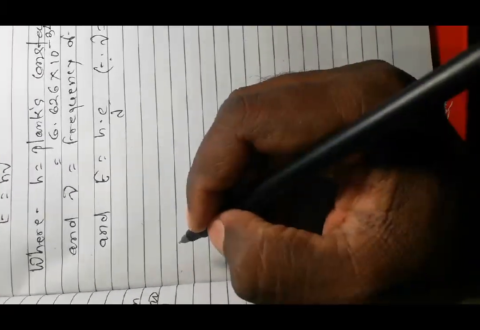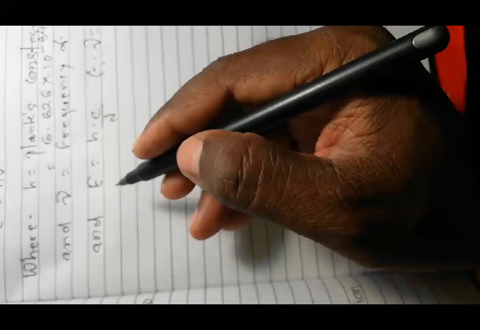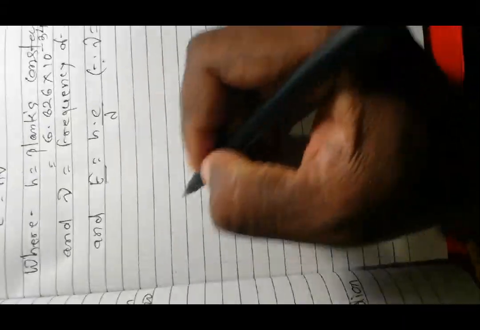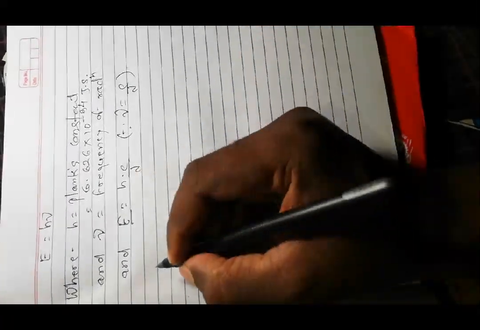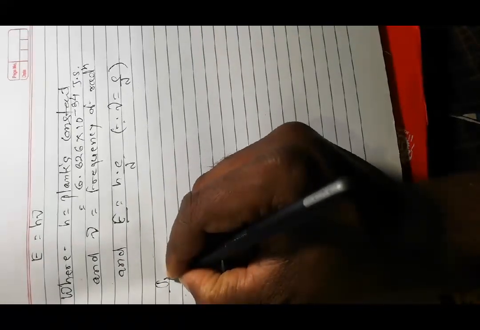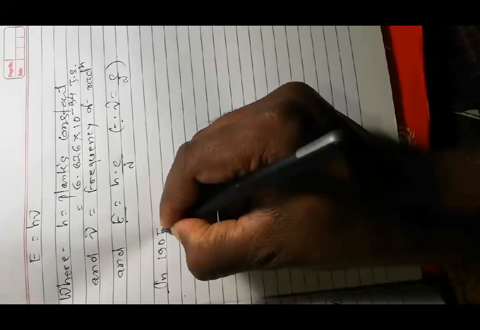Now from this energy we calculate the equation for maximum kinetic energy, which is given by the great scientist Albert Einstein, and for this great discovery he got the Nobel Prize of Physics in 1905.